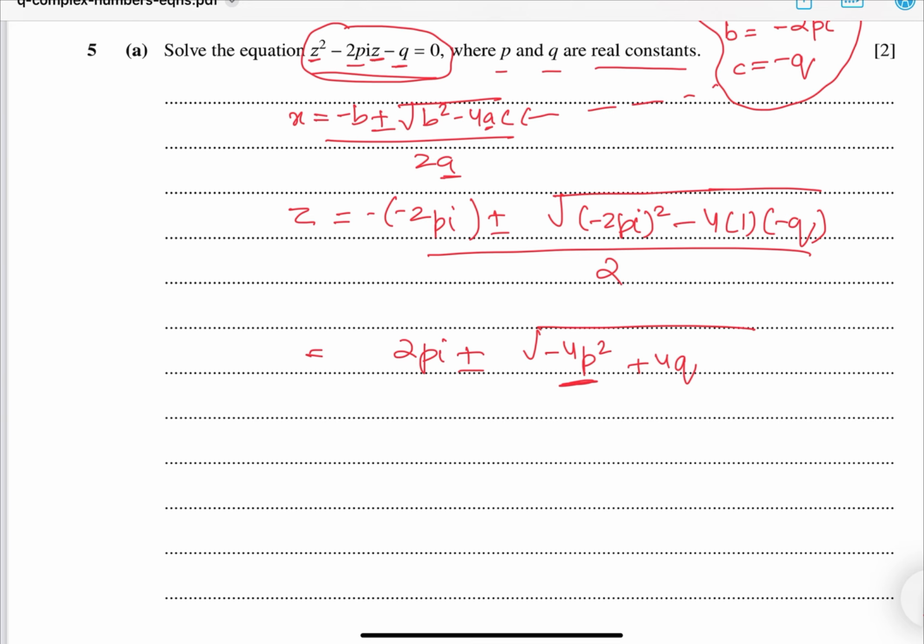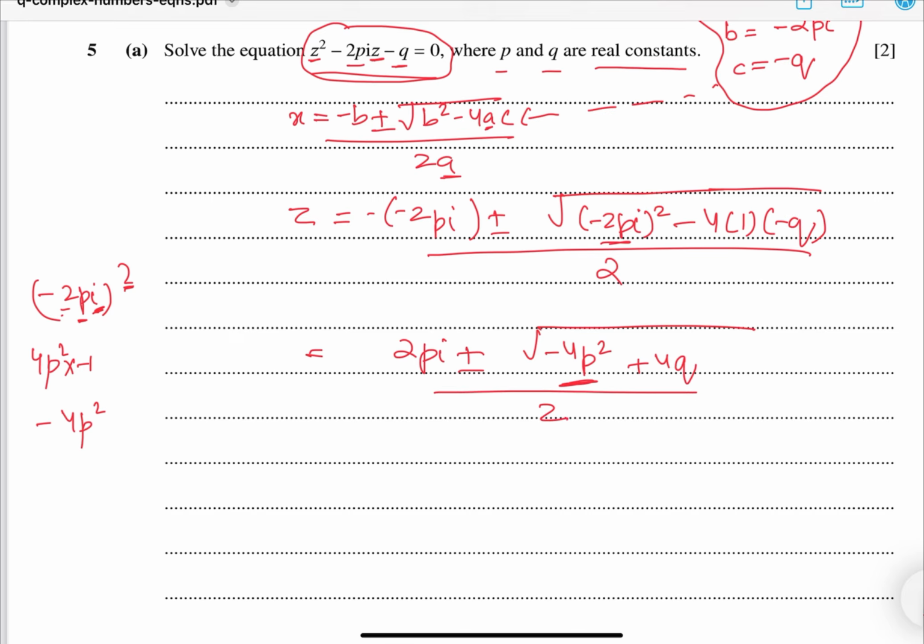How did this happen? Let me teach you why. Negative 2pi whole square equals, take the square of all the terms inside the bracket. Negative 2 square is 4, this would be p square, and this will become i square. Iota square is negative 1, so times negative 1 it will become negative 4p square. And divided by 2.